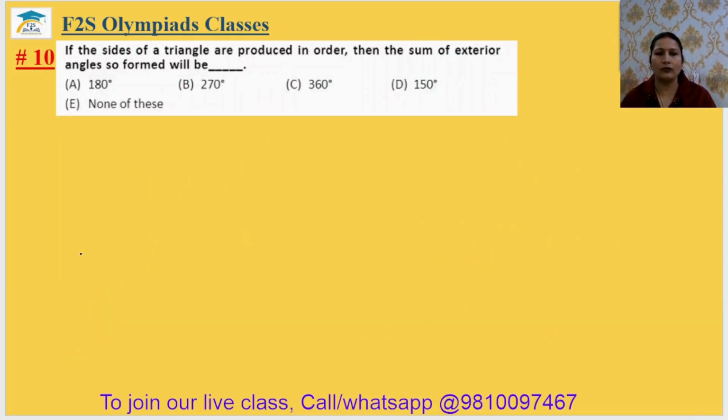Okay. Come to question number 10. If the sides of a triangle are produced in order, then the sum of the exterior angles so formed will be. Okay. So first let's make a triangle.